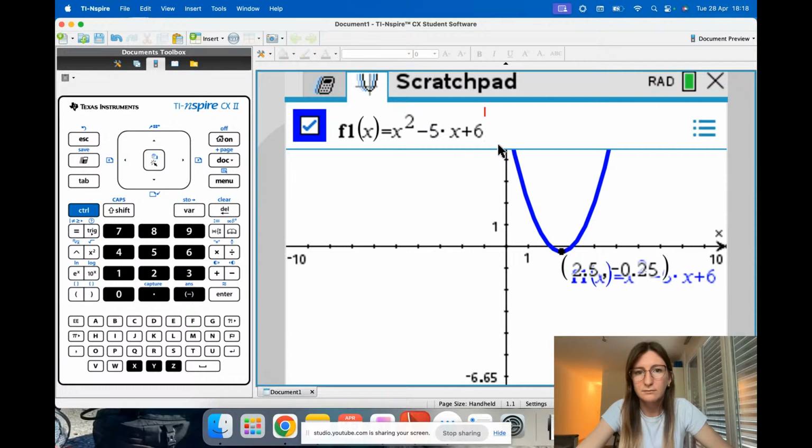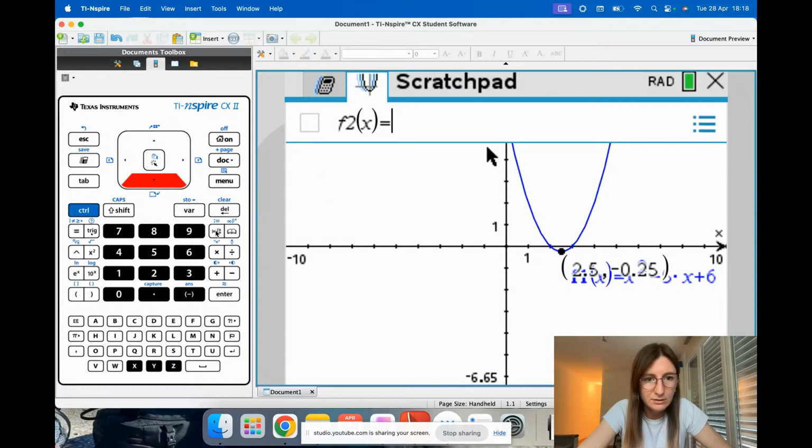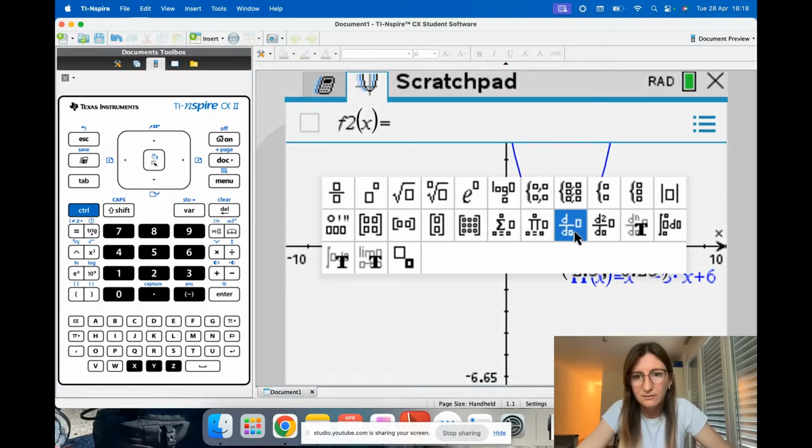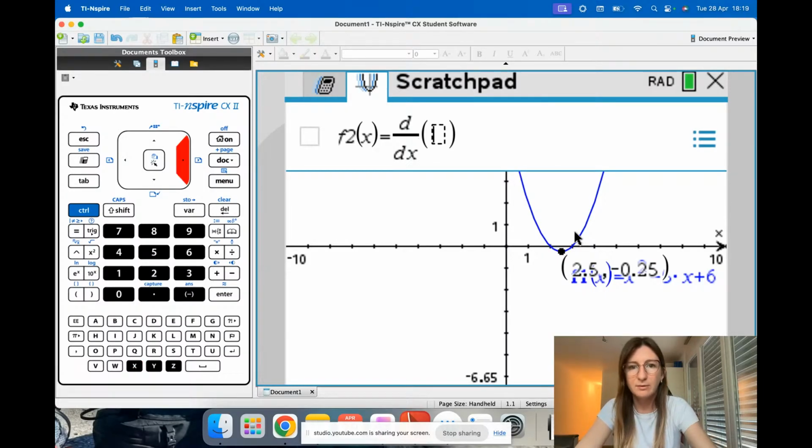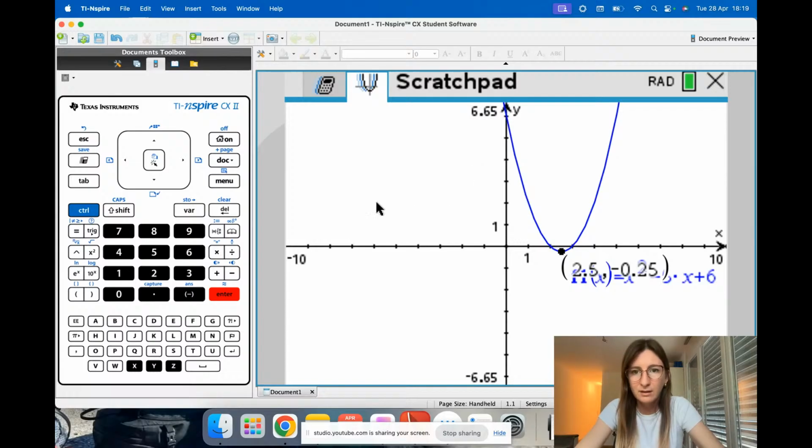Sorry, just do that again. That button to get our derivative. There's just a bit of a lag. There we go. We wanted d by dx because that was our variable of f1. That was the first function that we had there, f1. You press enter, and it should give you the derivative function.